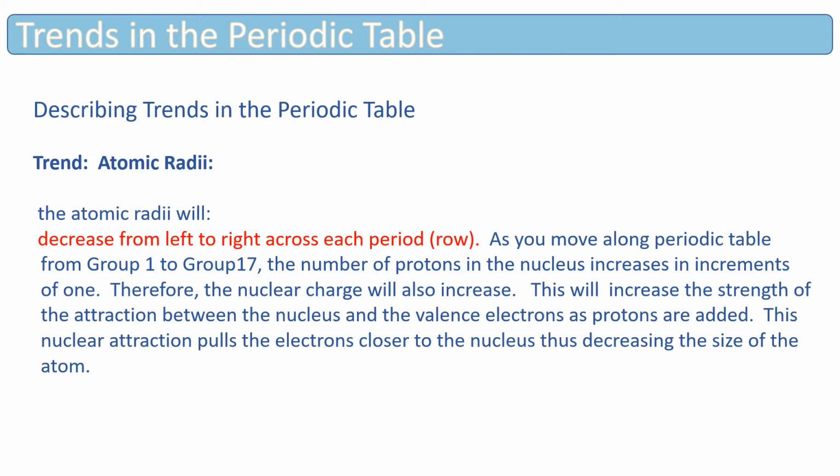This will increase the strength of the attraction between the nucleus and the valence electrons and become stronger as protons are added. This nuclear attraction pulls the electrons closer to the nucleus, thus decreasing the size of the atom.